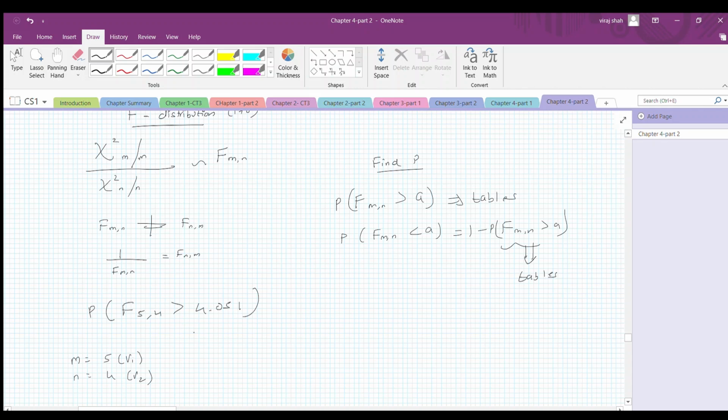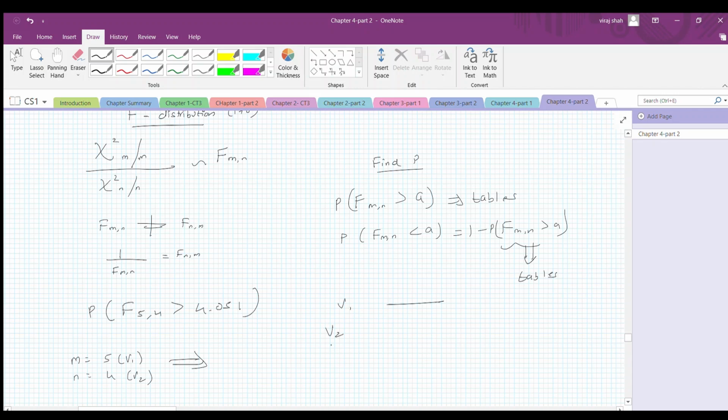So how do we find its probability? Every table has a heading of 10% or 5% or 2.5% and so on, and there are values of v2 and v1.